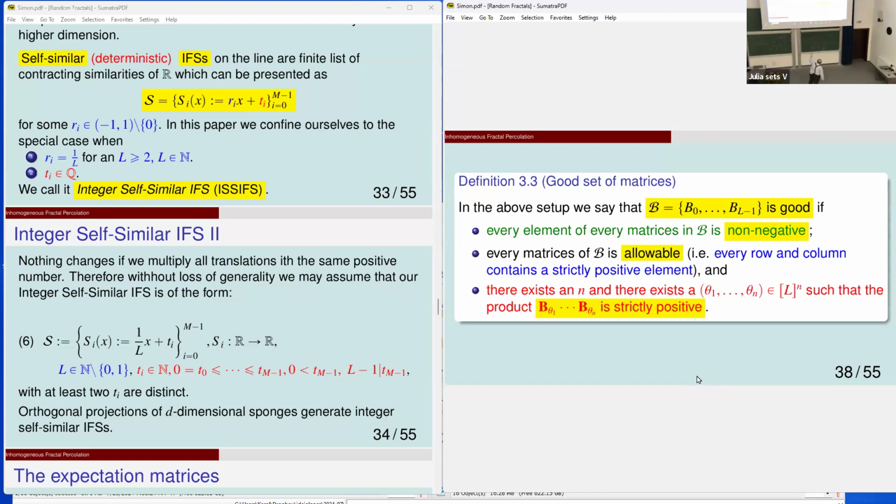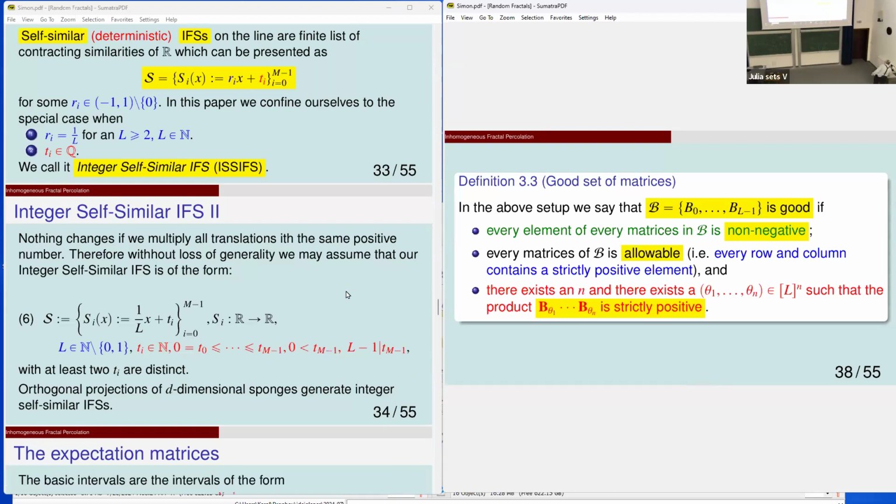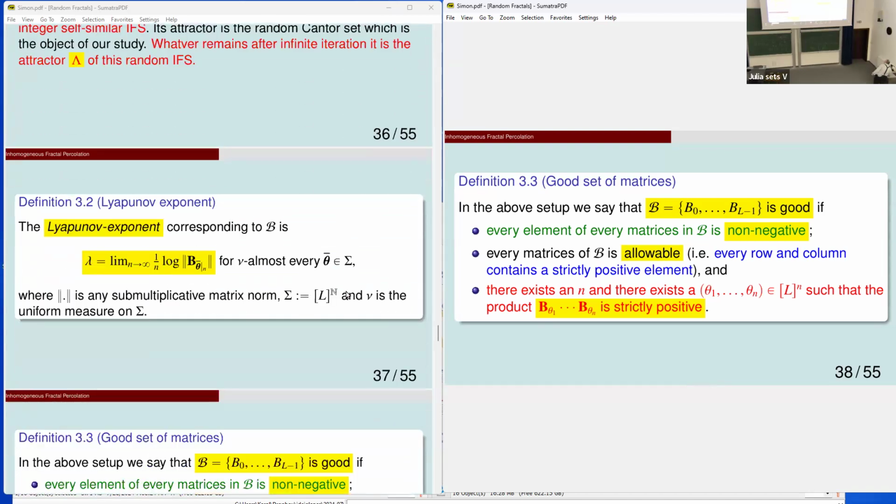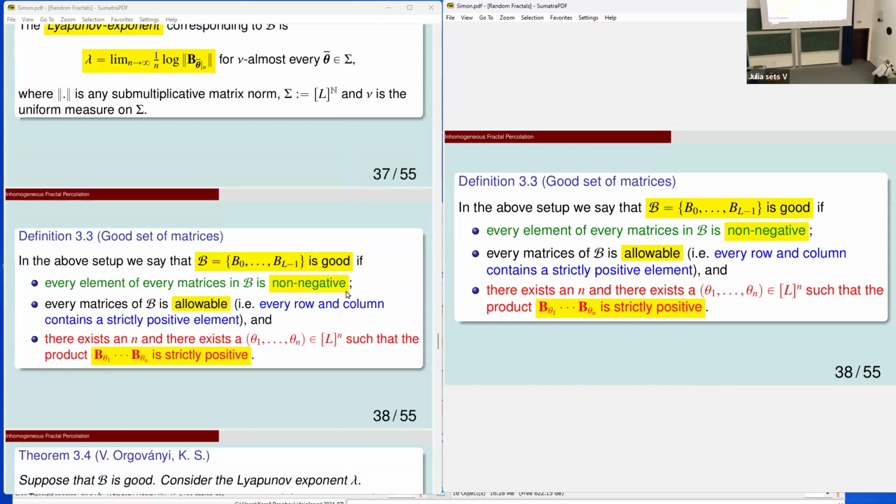So the really important condition: there exists an n, and there exists an n length sequence of this theta, such that if you multiply, theta is not the angle here, just the index, then in this particular matrix, all entries are positive. This is the definition of the good set of matrices. These are the matrices we can work with. That's why we say it's good.